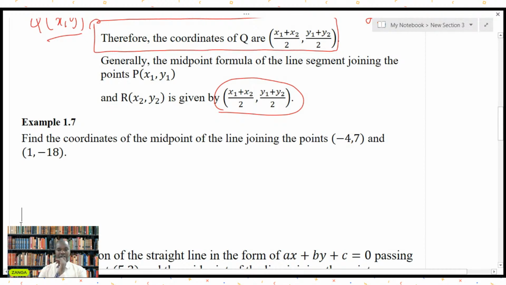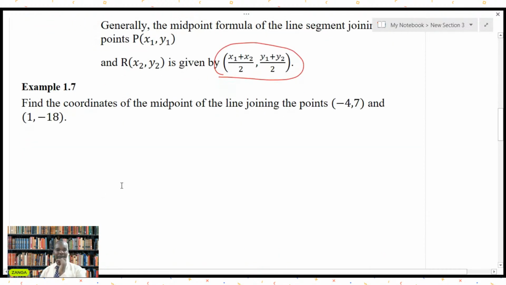So coming to this question here, find the coordinate of the midpoint of line joining point -4, 7 and 1, -18. So we're going to assume that this is x1, y1 here, and this will be x2, y2.